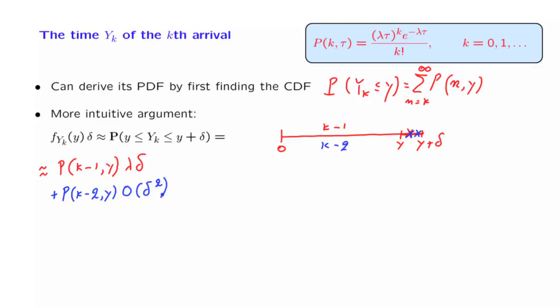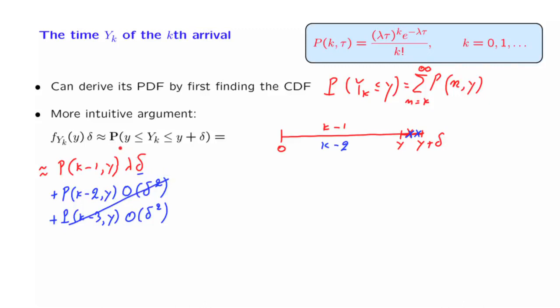That is much smaller than this term, which is linear in delta, so it can be ignored as long as we're just keeping track of the dominant terms, those that are linear in delta. There would be similar expressions, for example, the scenario of 3 arrivals up to time y and then 3 more arrivals during that little interval, which is again an event of probability of order delta squared. All of those terms are insignificant and we can ignore them.